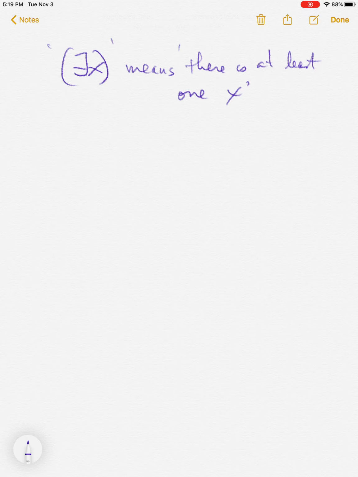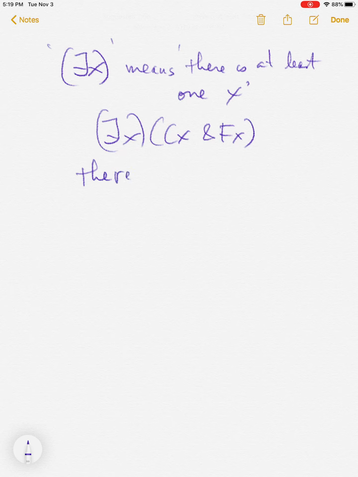So for instance, if I said there exists an x, Cx and Fx, where Cx means x is a cat, and Fx means x is finicky, then what this means under that dictionary is there is at least one finicky cat.